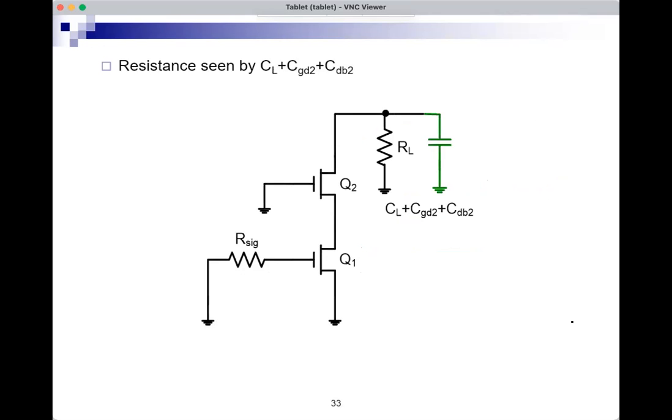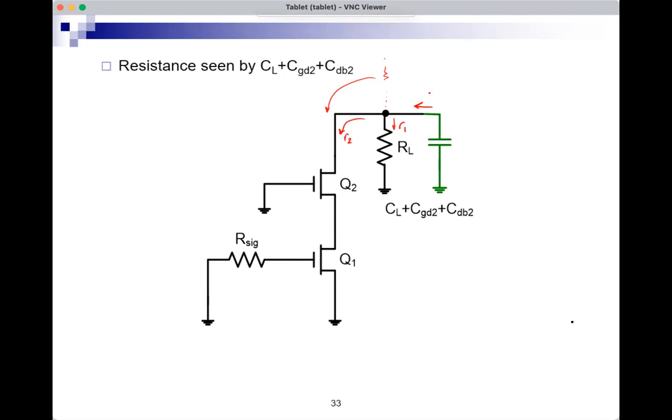Same thing for this one. So this is R1, and there is an R2 to ground, but it's rotated in this case. So R2 is like this, and that's fine.